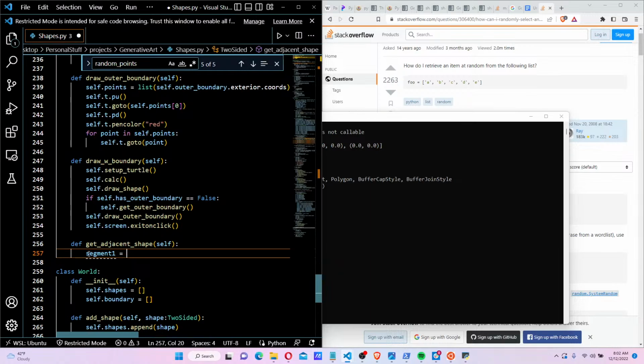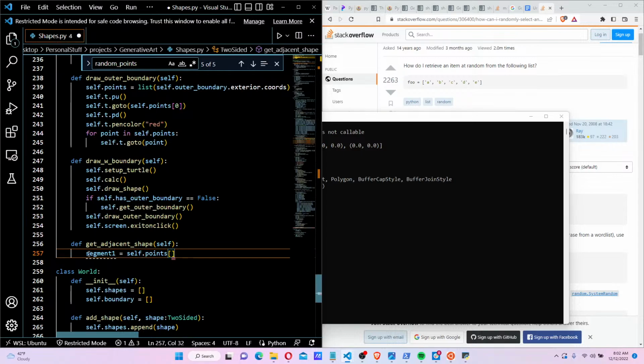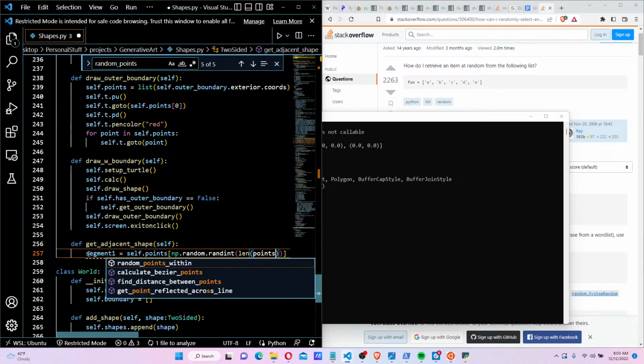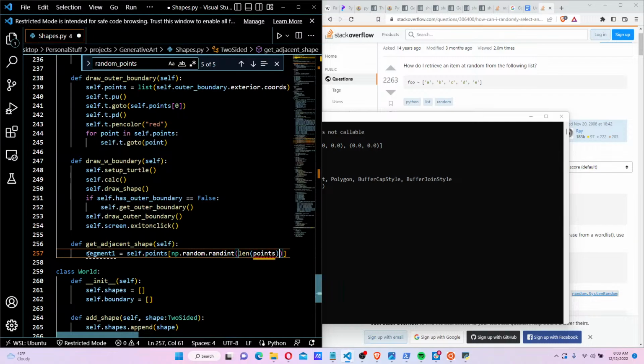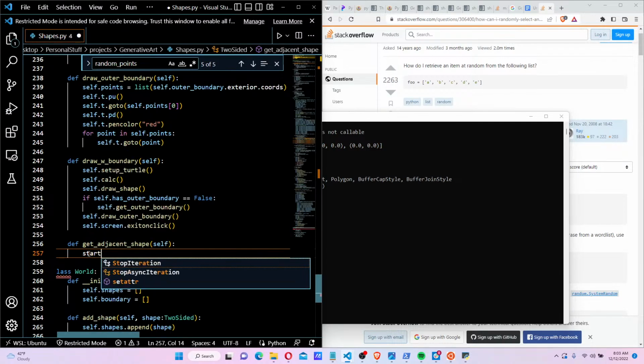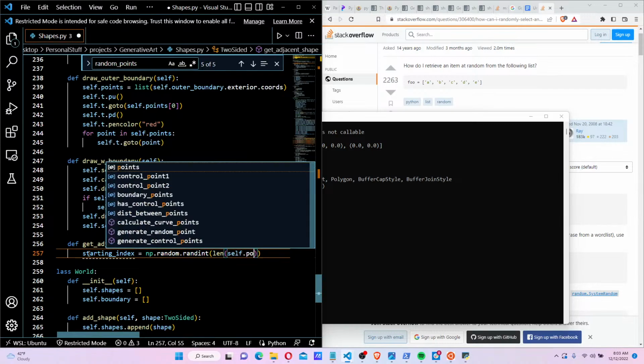Oh, it should be self dot points, and you index from np.random.randint of len points. So starting index is equal to np.random.randint of len self dot points.